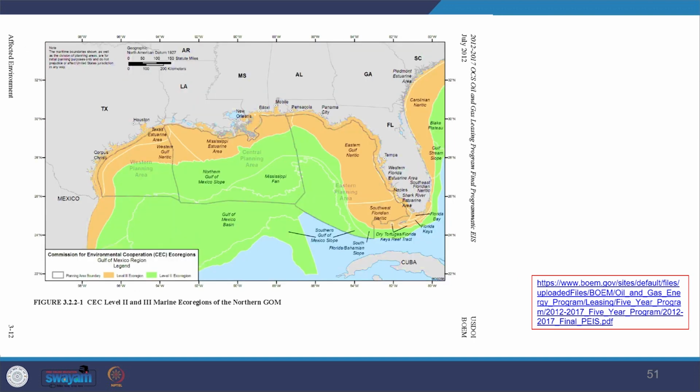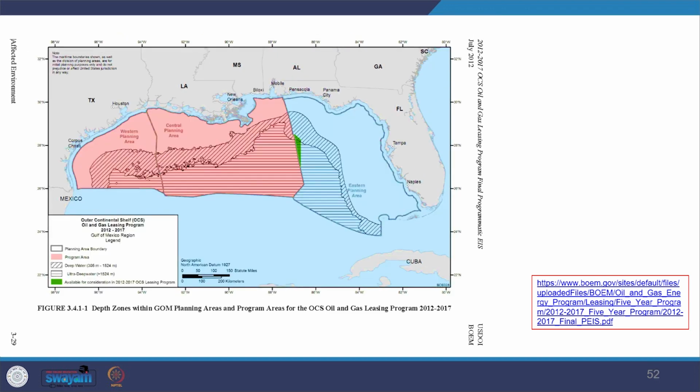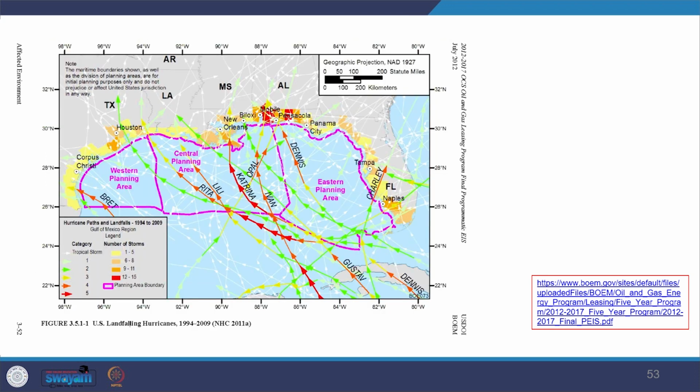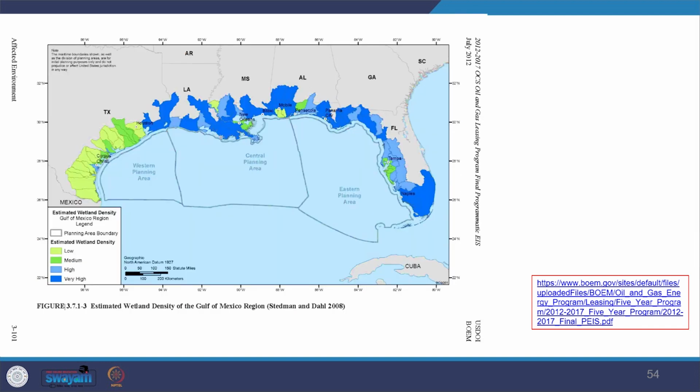Then you can see the program area they have identified, and the depth zone they have studied here. Then you can see the hurricane and landfalling possibilities here, and then the frequency they are looking at. And then you can look at the estimated wetland density of the Gulf of Mexico region here. So what kind of wetland density is there, that has been estimated.